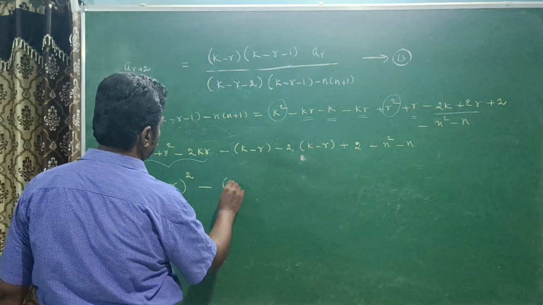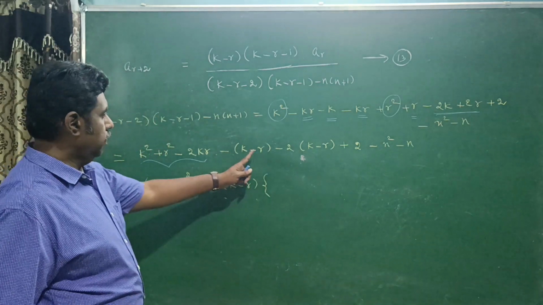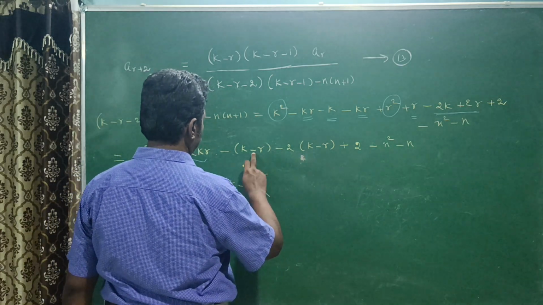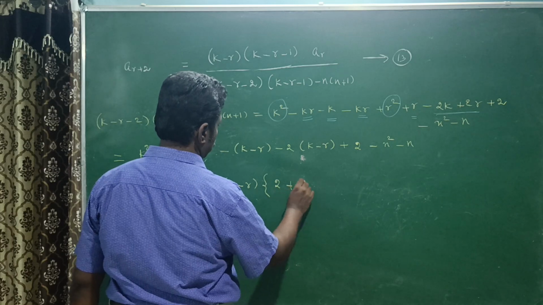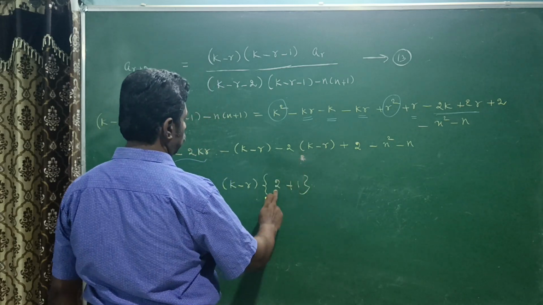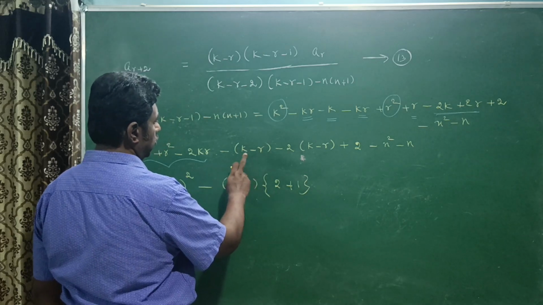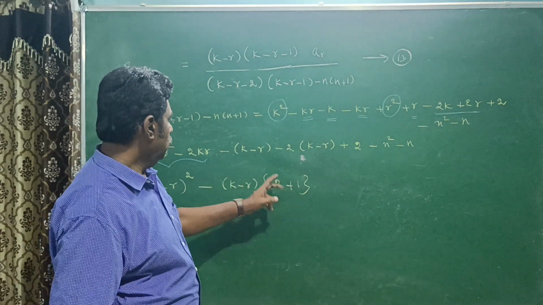Then take this minus k minus r as a common term. Here this is 1, this is plus 2. If I take minus k minus r, we can get 2. Here we have taken out minus of k minus r, here plus 1 is present, so 2 plus 1.